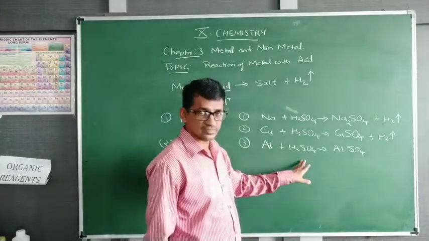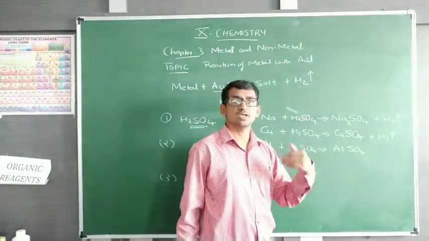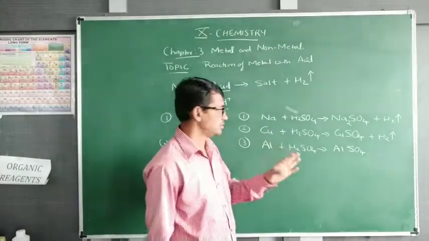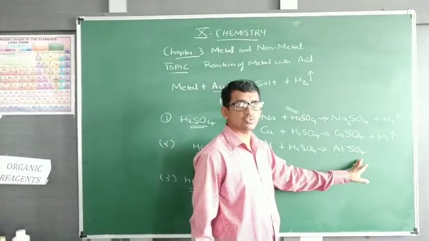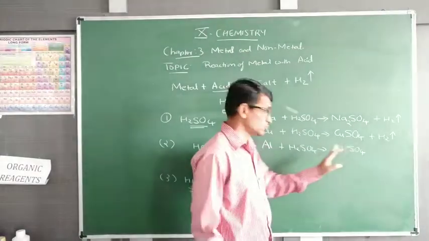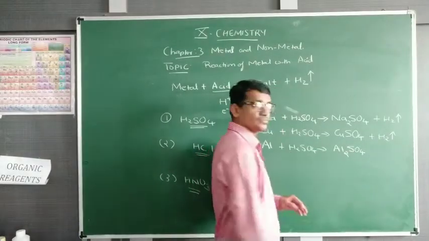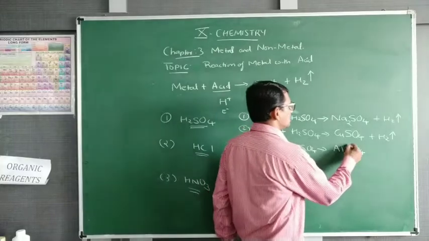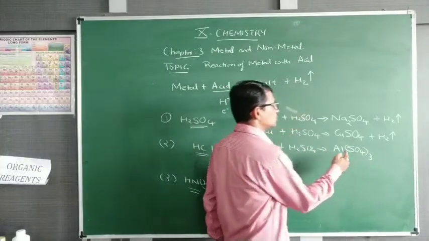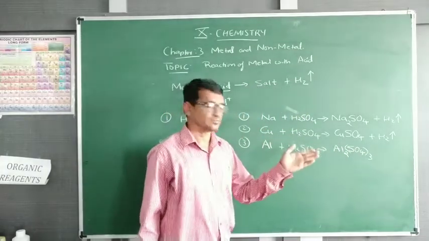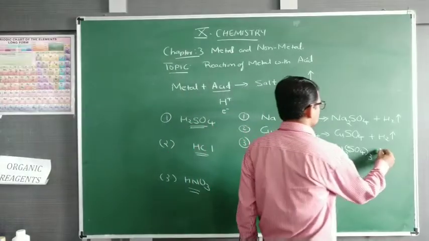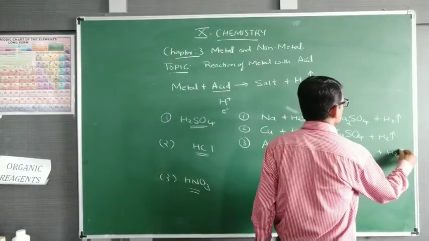Aluminium during reaction with acid is converted into Al+3. Valency is 3. Sulfate remains as it is, -2. Here 3 and -2, so you multiply 3 with 2 and 2 with 3. So Al2(SO4)3 plus hydrogen gas.